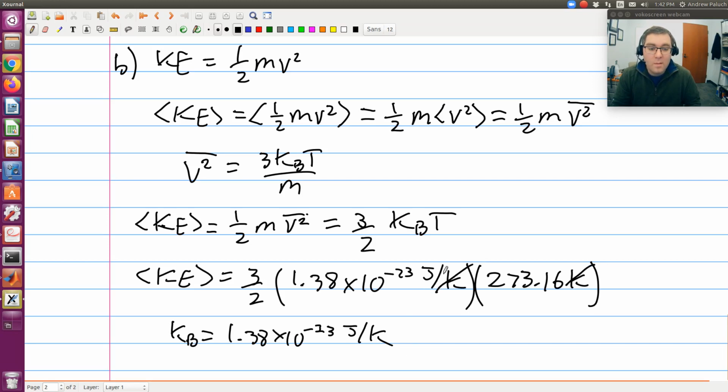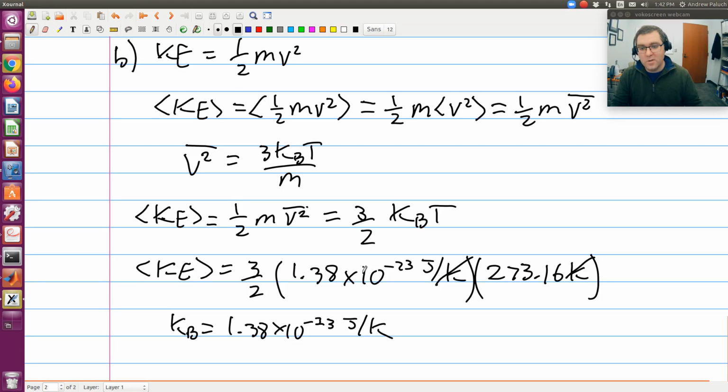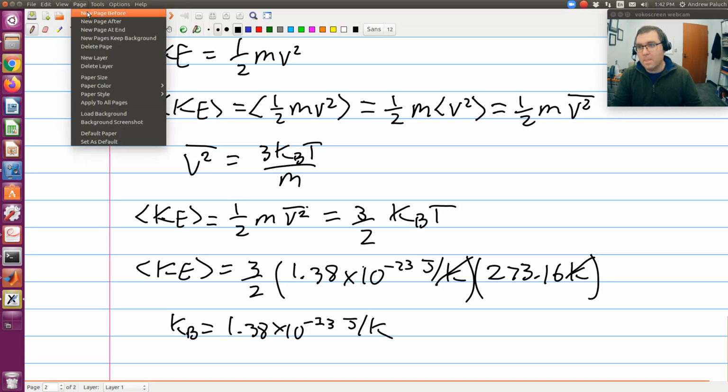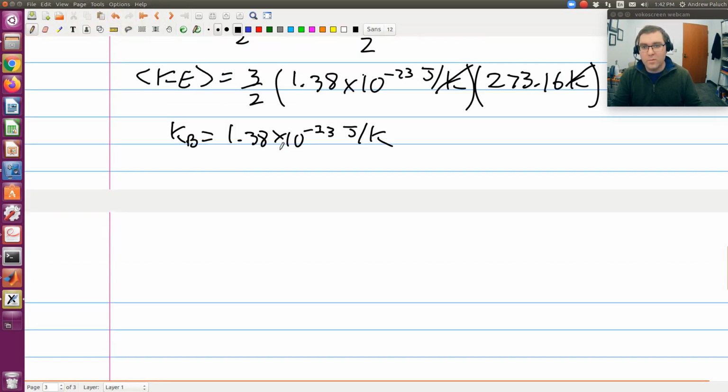But technically it's going to be joules per molecule, because kB is our molecular gas constant. Remember, the relationship between R and kB is N Avogadro. We typically write it as having units of inverse mole, but it's really molecules per mole. So the kinetic energy that we're going to calculate here is really going to be in units of joules per molecule.